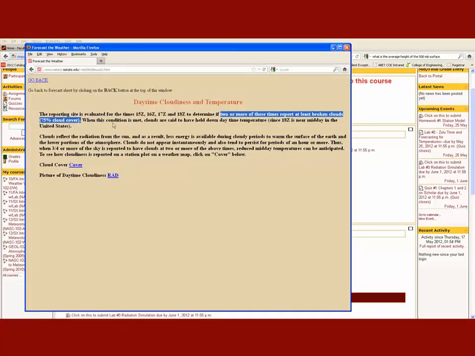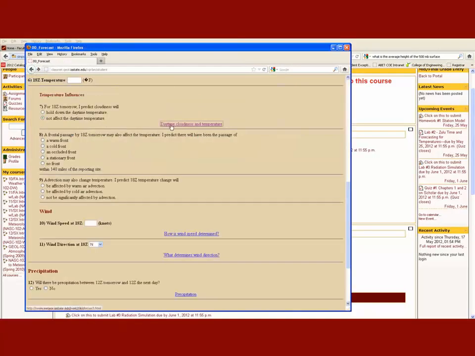So that's what it looks for. So you really need to go back and take a look at these links to see how the computer program will score or verify each of these questions.